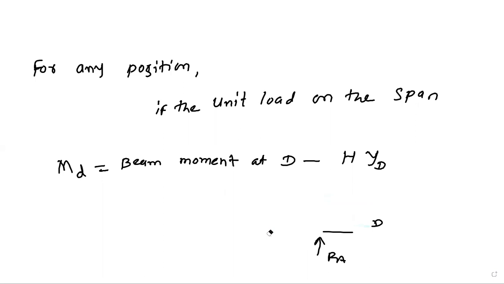As we have derived the equation of RA in the last lecture, RA's value that we have taken during the last lecture is L minus x by L. Is it correct? RA value in the previous lecture. Is it correct?